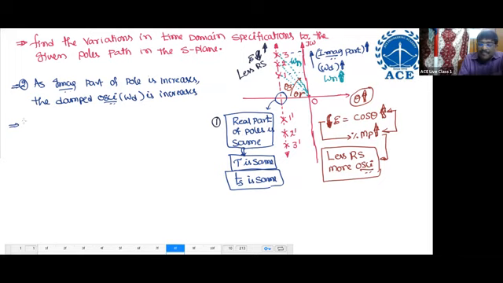So the third point: as the distance from origin to pole increases, omega n increases. I won't write the remaining points, you should write them yourself.